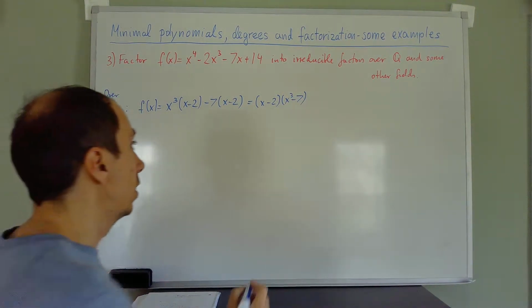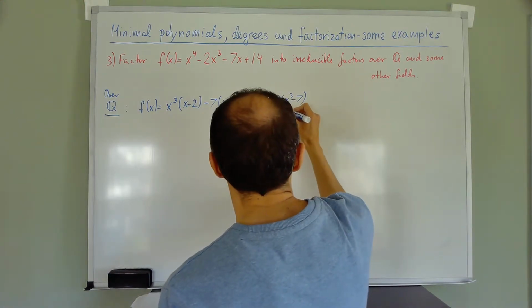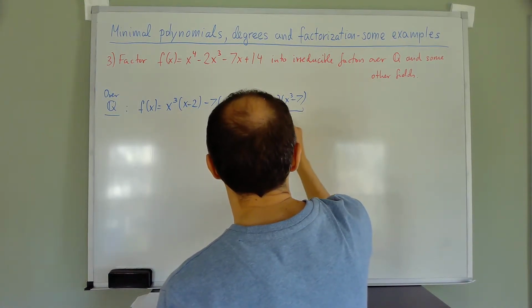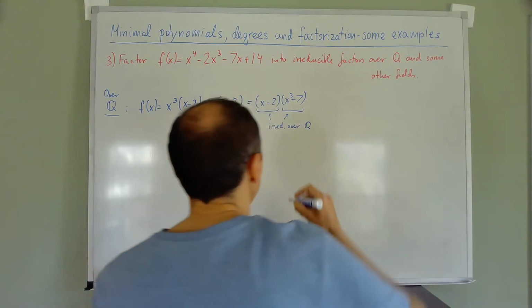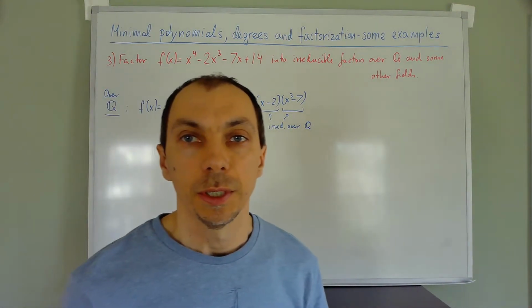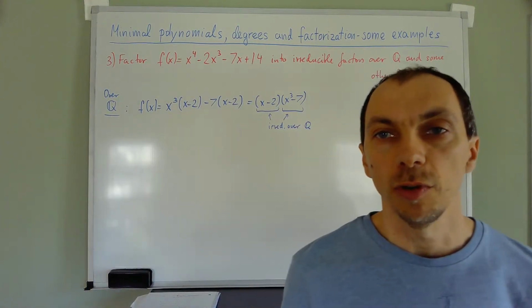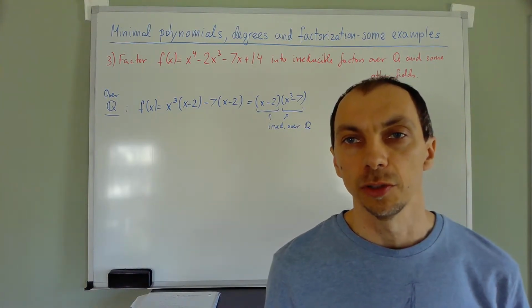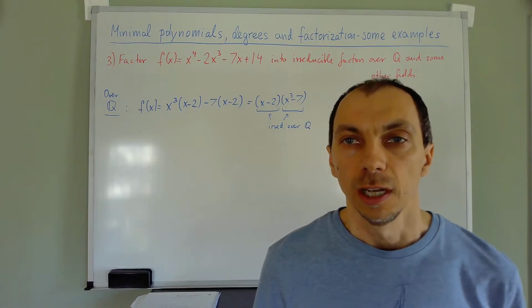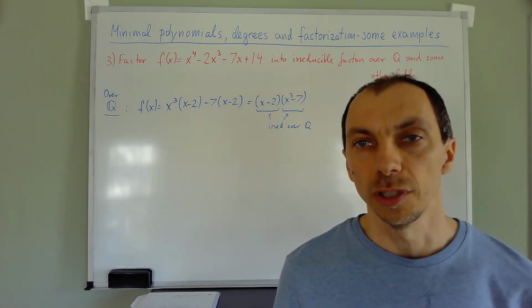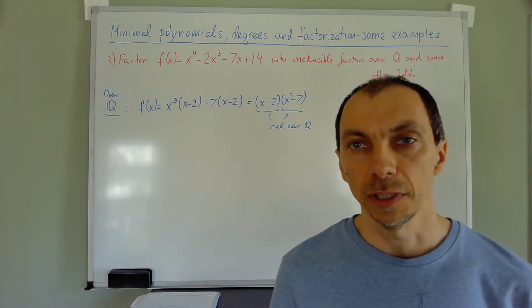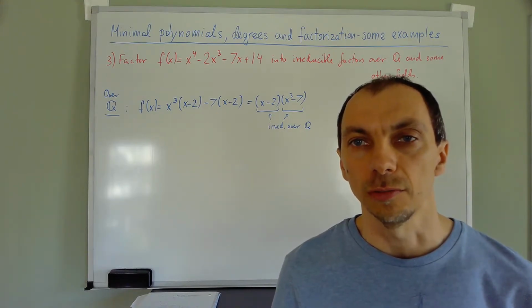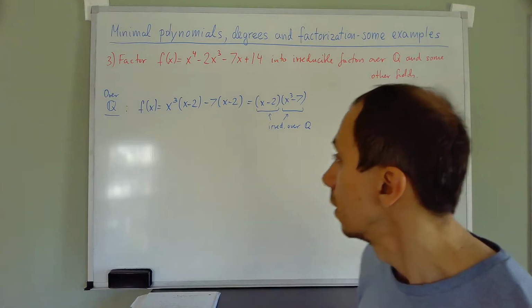And I claim these factors are irreducible over Q. Why is that? Because the first factor has degree 1 and every degree 1 polynomial is irreducible, and the second factor is cubic and it does not have any roots in Q. I know its roots are cube root of 7, and 7 is not a perfect cube, and the other two roots are not real, so they are irreducible.